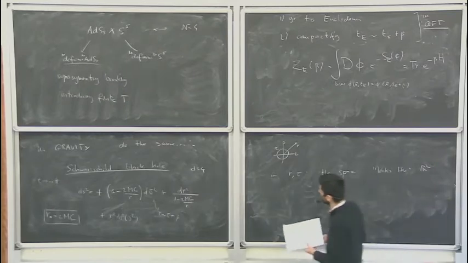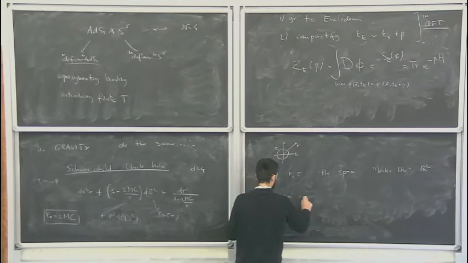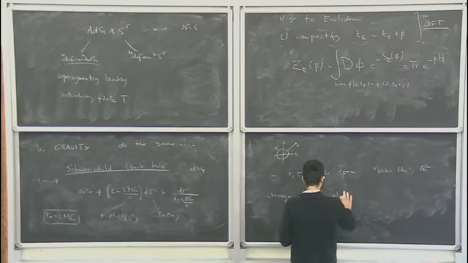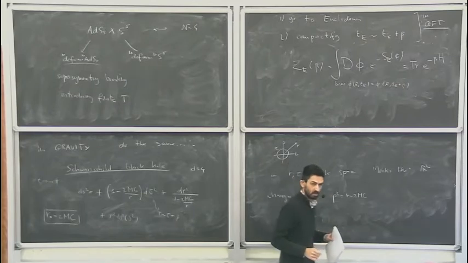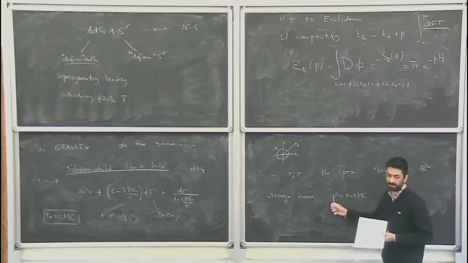And to do that, it is convenient to change coordinates. So change coordinates and define rho squared to be equal to r minus 2mg, so that this looks more similar to the radial coordinate, because it goes now between infinity and 0.